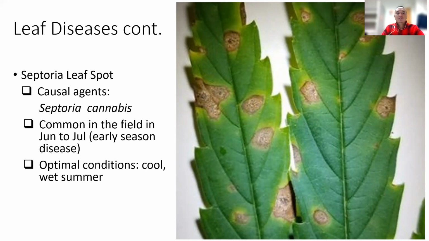So this is kind of an early season disease when the temperature is still relatively cold in the field. In Fairmont, where the temperature in general may be relatively colder than here in Kentucky, this disease might be common as well in Fairmont hemp fields.